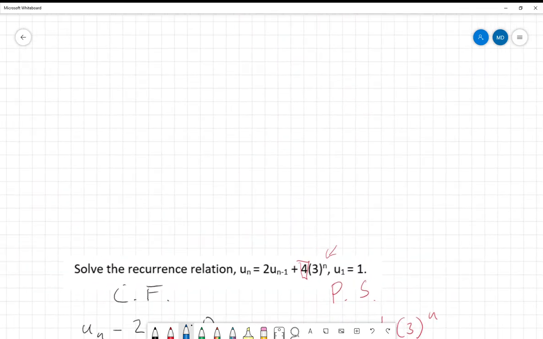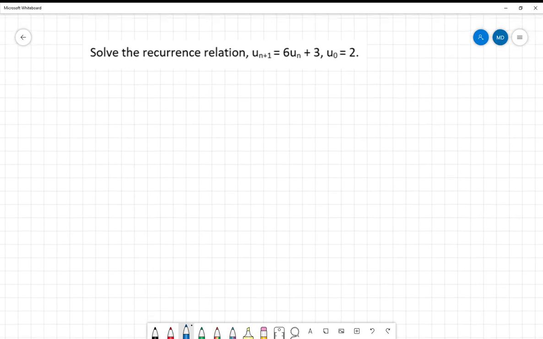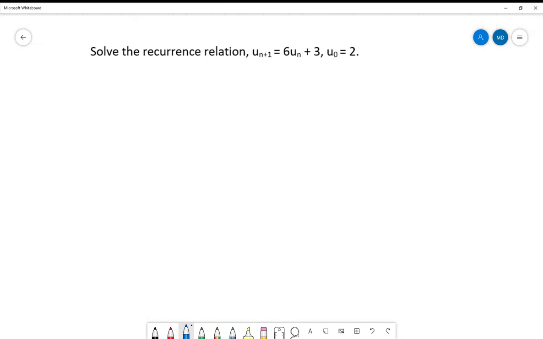Okay, and let's go over here to one more example. This is similar to the other ones, except notice that our non-homogeneous part is purely a constant in this case. So our complementary function, just as before, is going to be of the form c times by 6 to the n. Our particular solution, now, well, we don't have any n's, but we do have a constant.